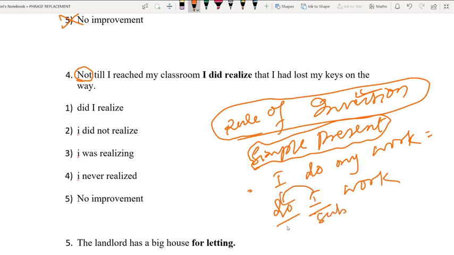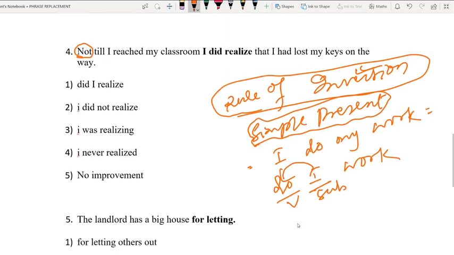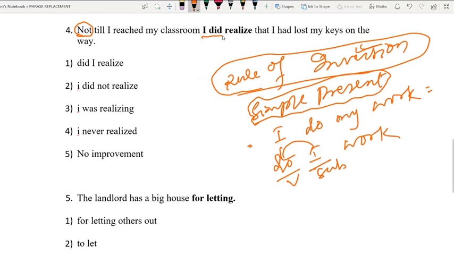This is subject, this is verb. Similarly, as you can see here, "I did realize". This is the simple past tense structure where we have used the helping verb "did" after the subject, which is absolutely wrong in this context, because the helping verb "did" must be placed before the subject here, and any option that has made such usage is going to be outrightly eliminated.